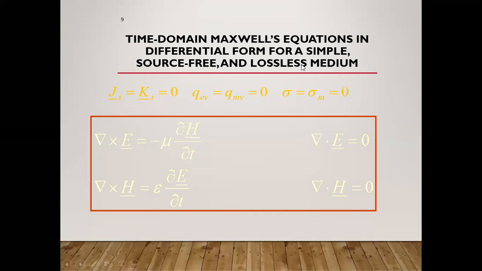Similarly here, if lossless is there, they mention clearly the condition, that is J i, or you can say the K i will be in the electric field, whereas K is in the magnetic field. Both will be equal to 0. Similarly, these charges in the momentum or the velocity form are also 0 in the electric as well as in the magnetic field.